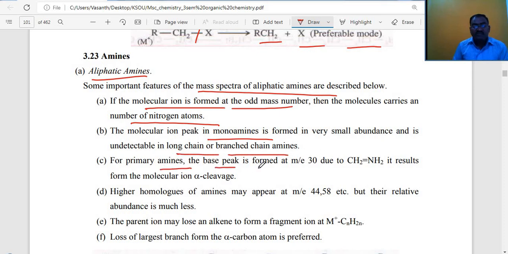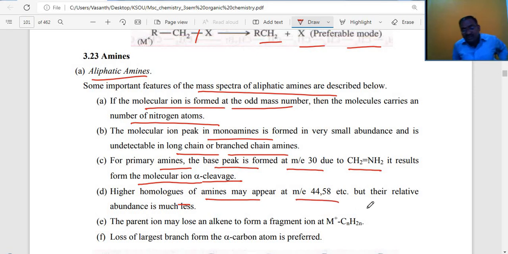For primary amines, the base peak is formed at m/e 30 due to CH2=NH2. It results from the molecular ion by alpha cleavage. Higher homologues of amines may appear at 44, 58 and so on, but their relative abundance is much less.